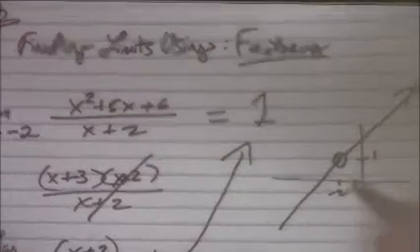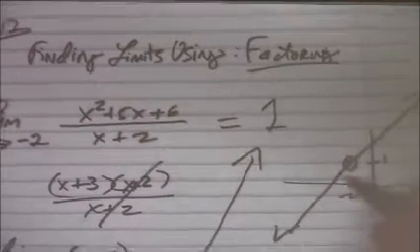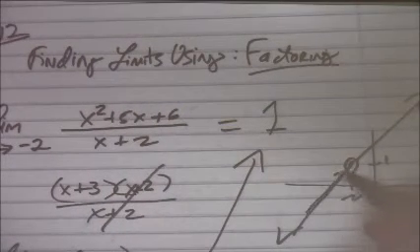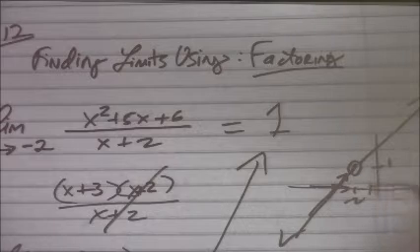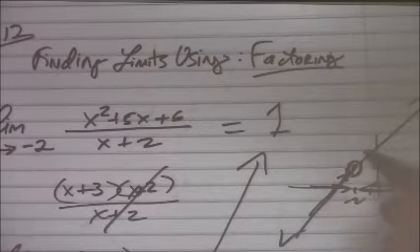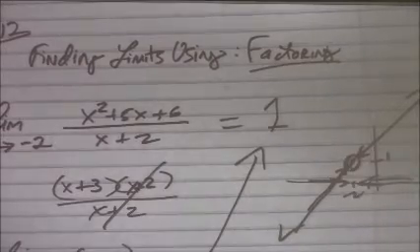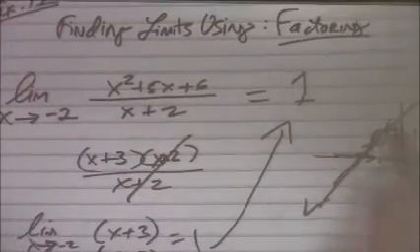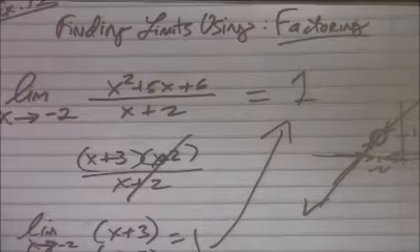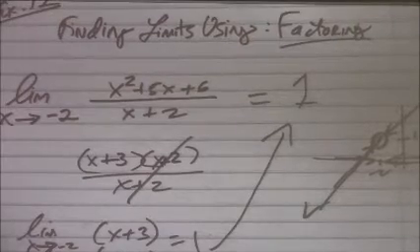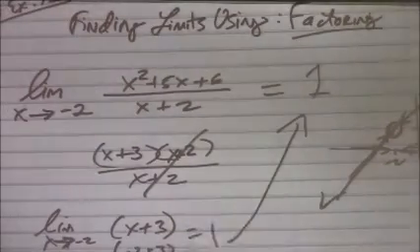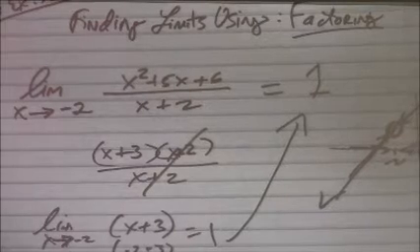So at -2, the limit of it, as you get closer and closer to -2 on both sides, you get closer and closer to 1 on the graph. So 1 is the limit. So graphing this would have shown you that. Okay, so that's another way to do it. And in this particular case, do it by factoring, and you can find it this one.